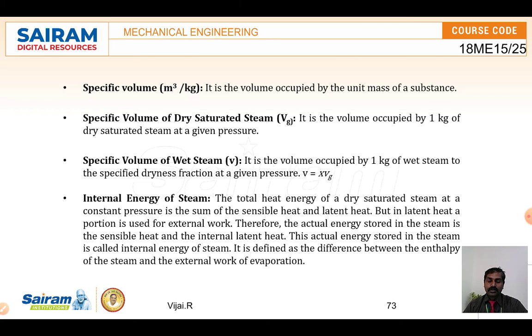Density is different; density is mass by volume. Here specific volume is meter cube per kilogram. Volume is the space occupied per unit mass. If you take 1 kg of mass, how much volume it occupies is called the specific volume.